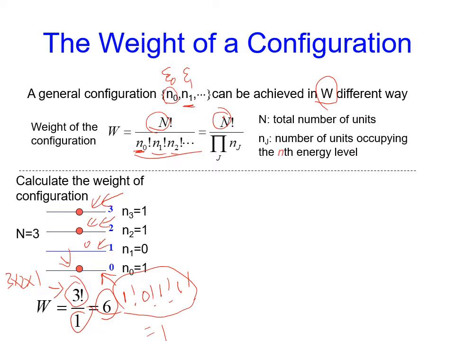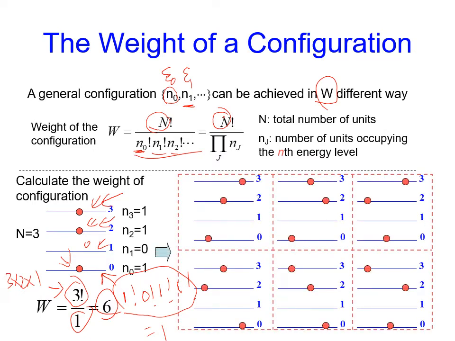So what are the 6 arrangements? Well, if we label these 3 particles as A, B, C, then these are the 6 possible arrangements or permutations. So this one means A occupies the lowest energy level, B occupies the third energy level, and C occupies the fourth energy level. Or A still occupies the lowest energy level, but B occupies the highest energy level, and C occupies the third energy level.